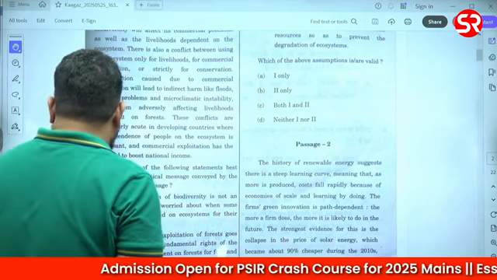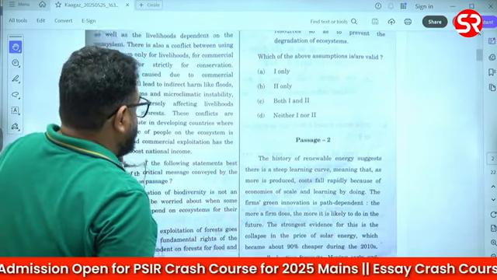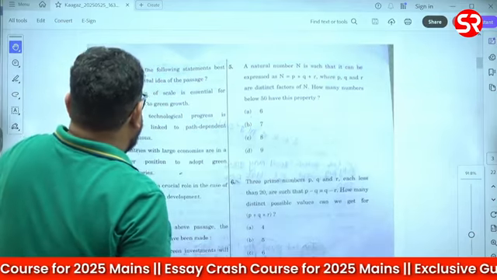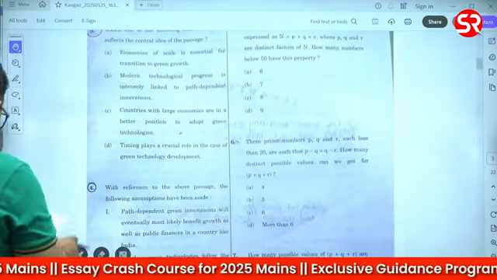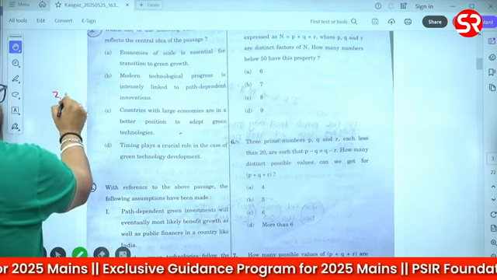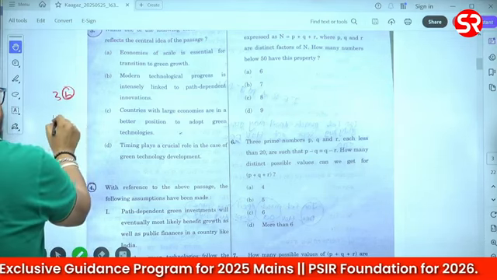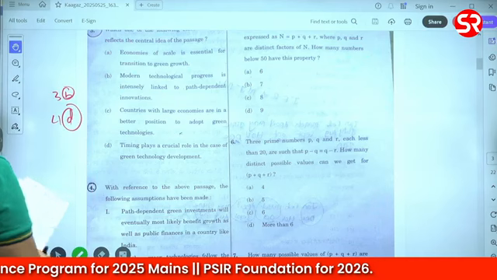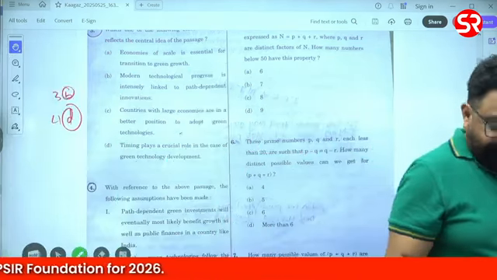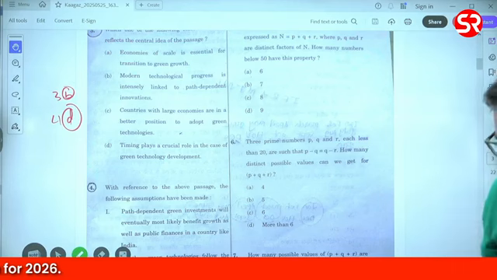Then passage number 2, question number 3. Third, I get B. Third is B, and fourth is D. Kindly mark it.